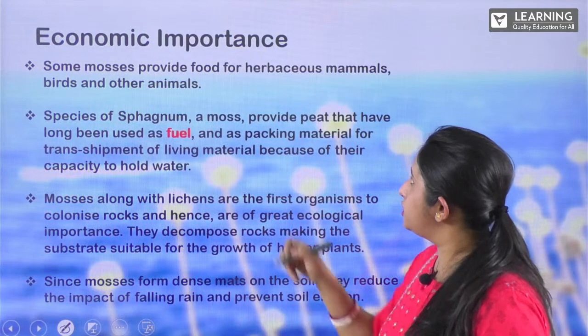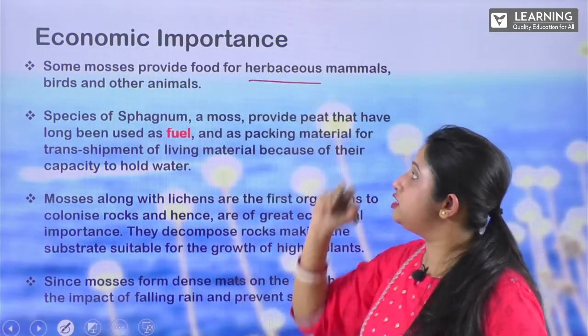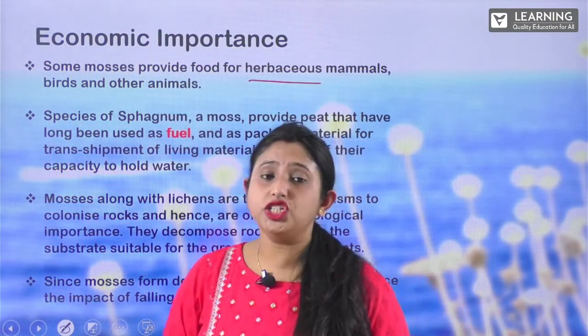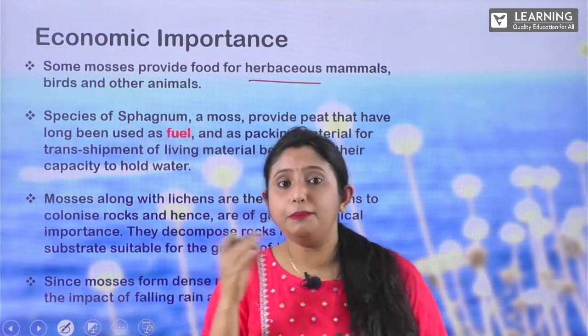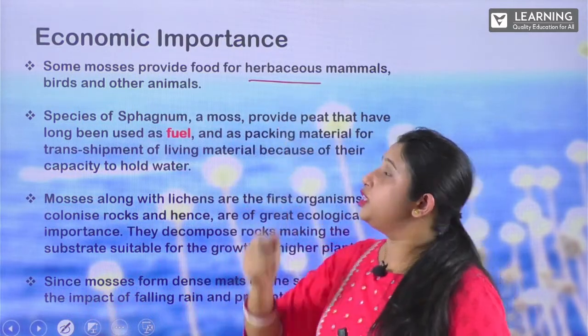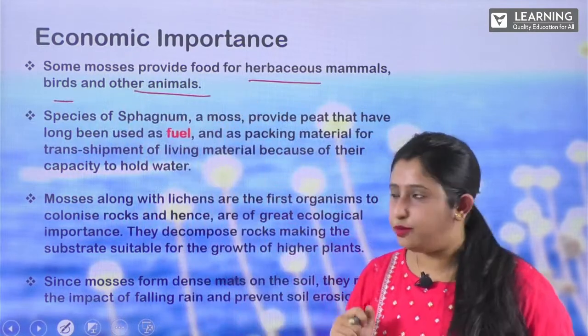What is the importance of this? It is used as food for herbivorous mammals. Now, you know, herbivorous means those who survive only on plants, isn't it? They are plant eaters. So it is food for herbivorous animals and birds and also other animals too.